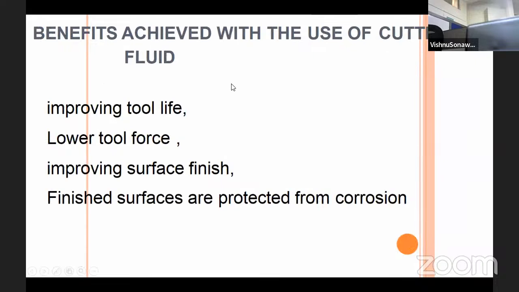But what are the benefits, and why are we using this cutting fluid?